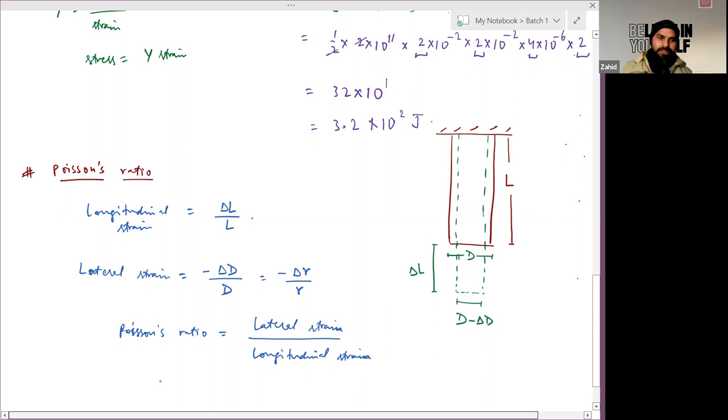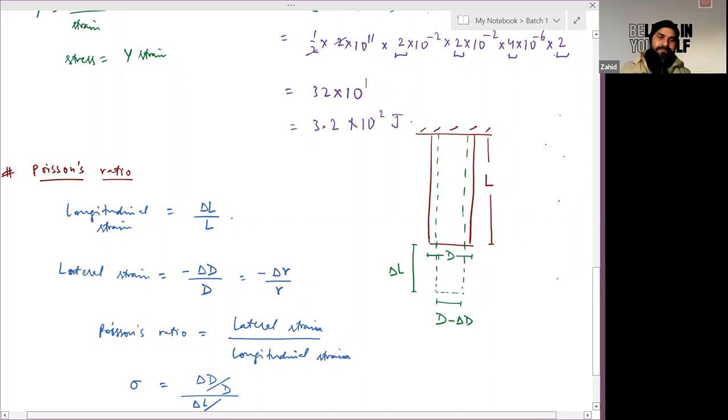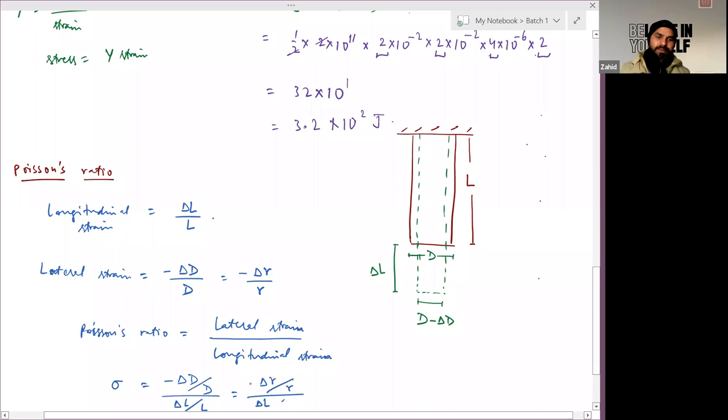Poisson's ratio is represented by sigma. Lateral strain is delta D divided by D. Longitudinal strain is delta L divided by L. Or it may be written as delta R divided by R, delta L divided by L, with a negative sign.